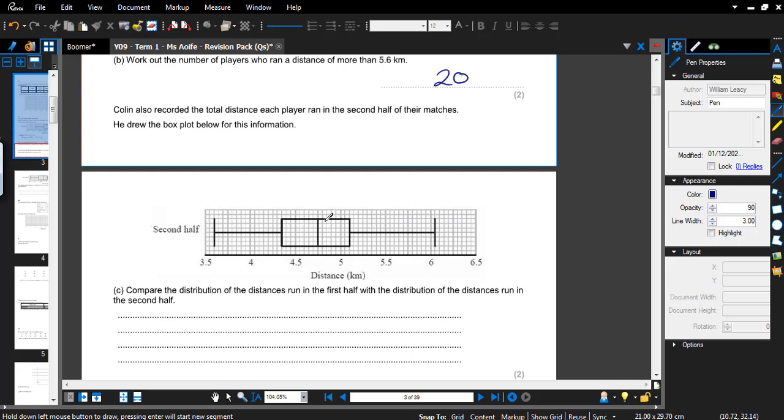This tells us that the spread of the distances run was less. So it's always the median, which tells us about the average, and then the interquartile ranges, which tell us about the spread of the data.